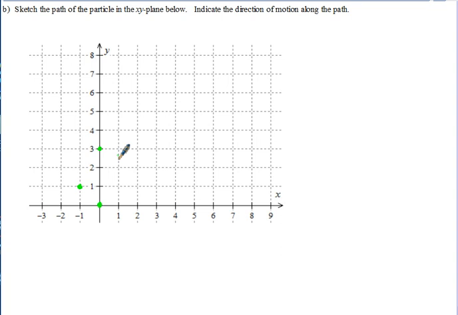Okay. So this one we can see the particle going like this, based on what we can see so far. We have to find some more points to see exactly what it looks like beyond that. And we can indicate the direction of the particle moving with arrows.